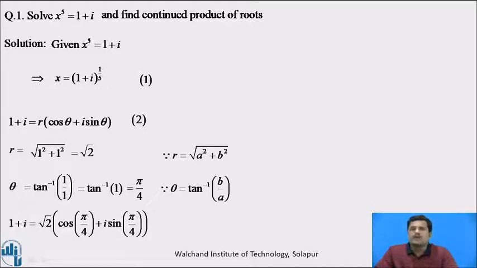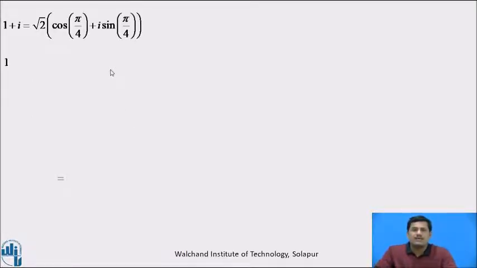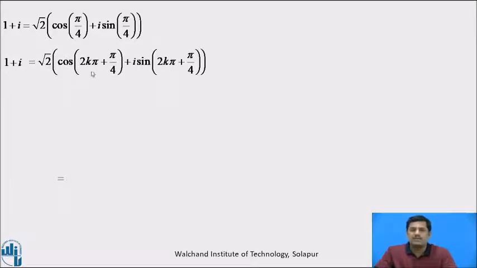We want the fifth root. In order to find the fifth root, first of all, we express this polar form in general polar form by introducing the angle 2k pi in this pi by 4 for both the terms. Introducing the angle 2k pi, we get root 2 into the bracket cos of (2k pi plus pi by 4) plus i sin of (2k pi plus pi by 4).